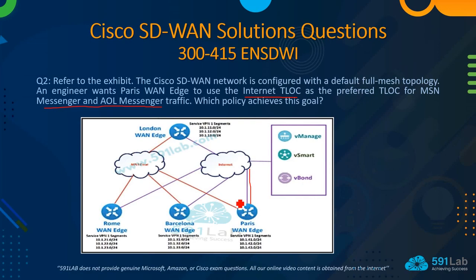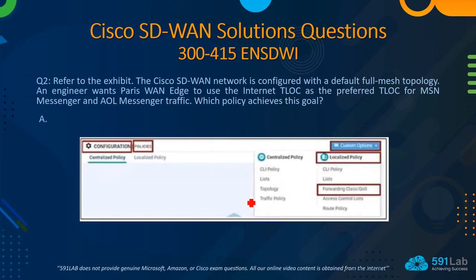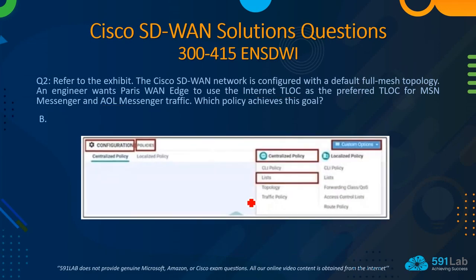Okay, so it's not specifically on Paris only, it's specific for all the vEdges that use Paris for a specific application, which is MSN Messenger and AOL Messenger, to use this link. Okay, so now it should be a centralized policy, not a local policy. Okay, let's move to B.